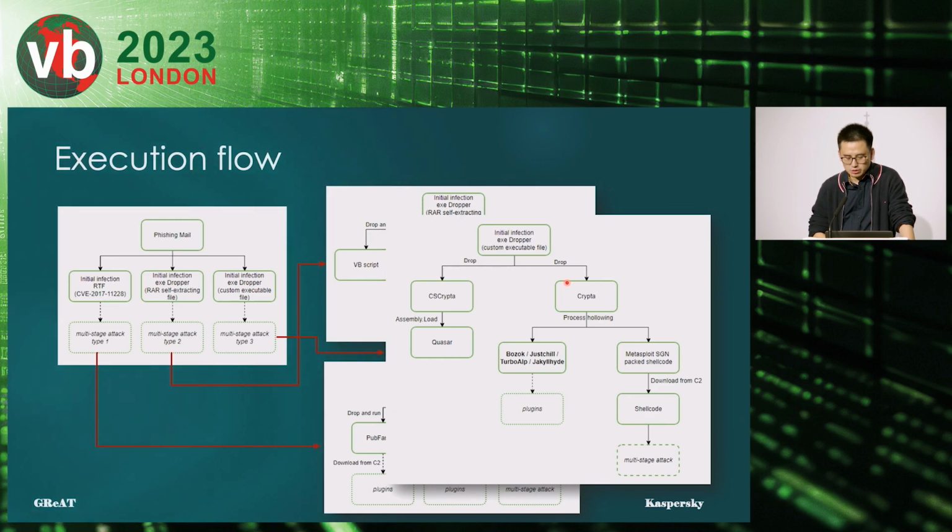These both are loaders. CS crypta will load the Quasar, another RAT, as a final payload, and the crypta will load backdoors such as Buzok, Just Chill, Turbo App, and Jekyll High. Of course, it will use Metasploit shellcode to load other frameworks.